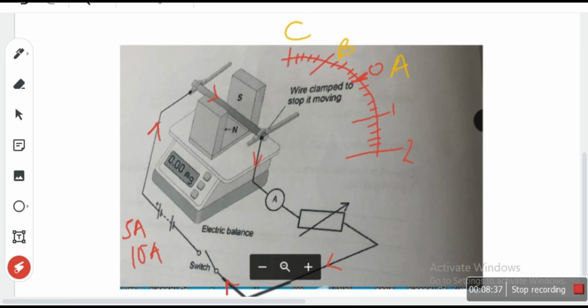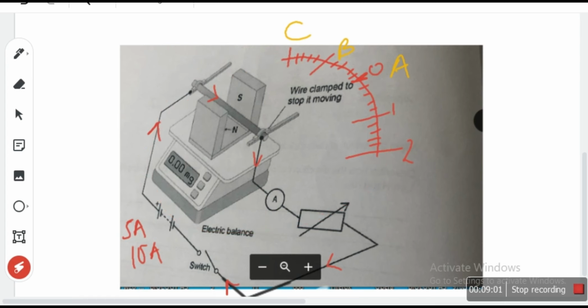All it does is, with a greater current, the pointer moves further, and then we use how far the pointer has moved to measure the amount of the current, or even the amount of the voltage. So moving coil meters like an ammeter, a voltmeter, a galvanometer, all work on this principle.